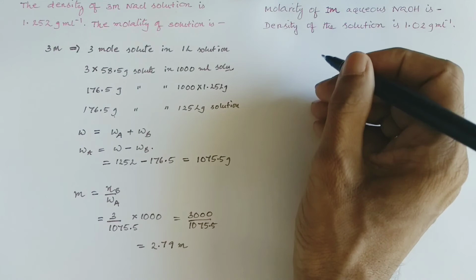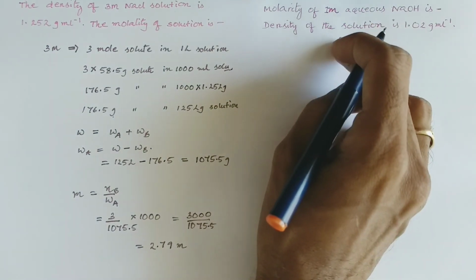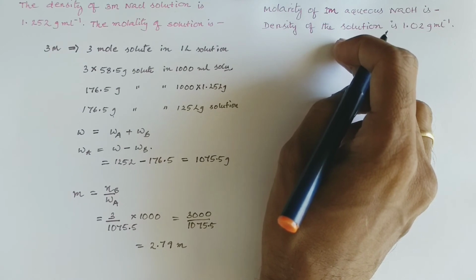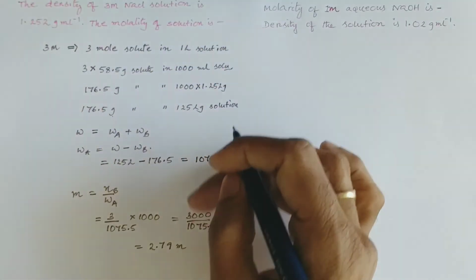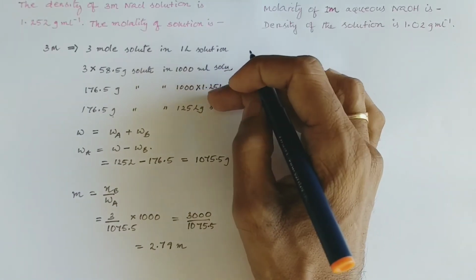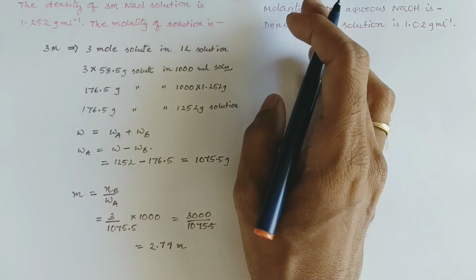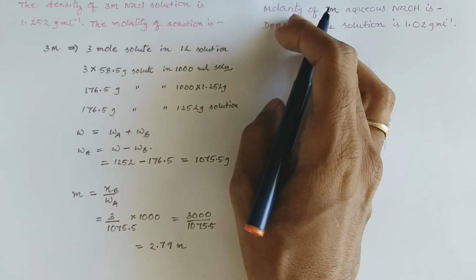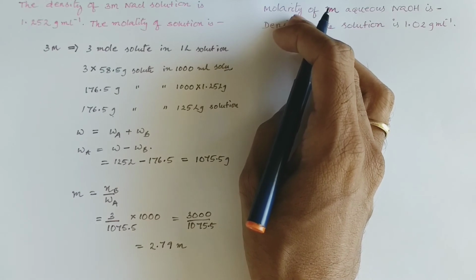This problem we will do by using a formula we have already derived. In the earlier problem we used the regular procedure, which is useful for the subjective way, whereas we'll use a formula here which is more useful for the objective pattern.